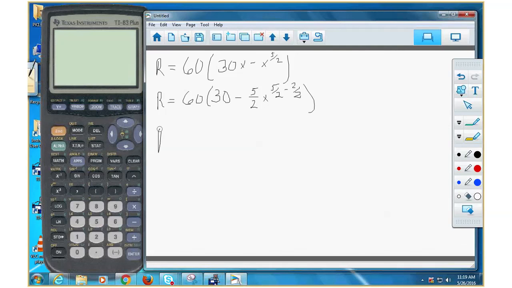And that's going to be R prime, or dR over dx, is equal to 30 minus 5 halves x to the 3 halves.